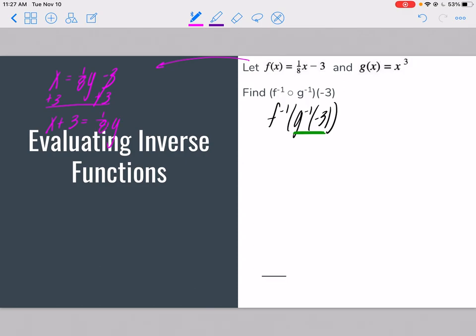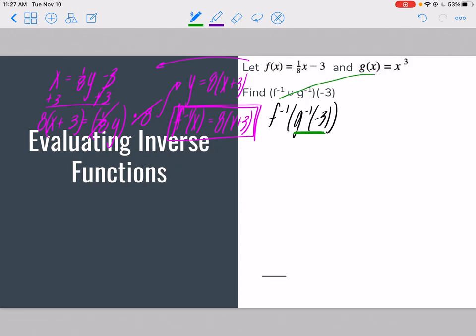Now 1/8, the opposite of that is multiplying by 8. So if I multiply both sides by 8, then I get the inverse, which I'm going to rewrite over here. So y equals 8 times x plus 3. And then rewrite that using inverse notation. So I know I'm going a little bit quickly here, just so that you can see what that is.